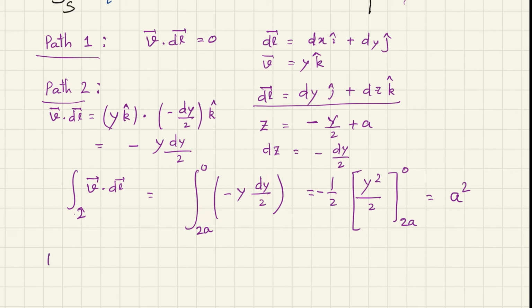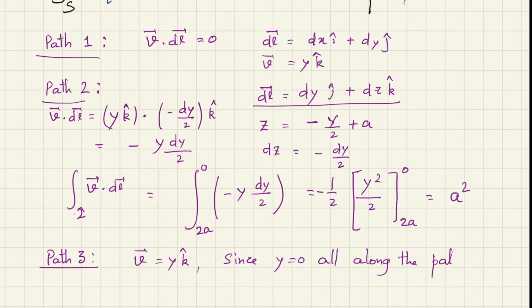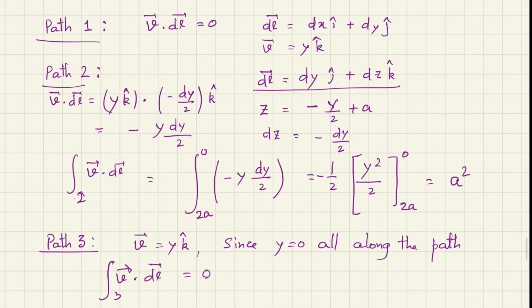So for path 3, v is y k, and since y is equal to 0 all along the path, v dot dl is 0 for path 3.